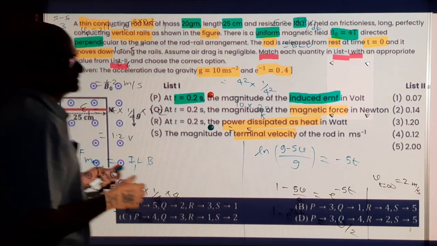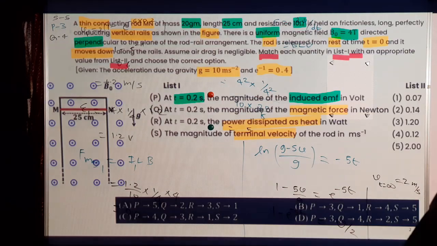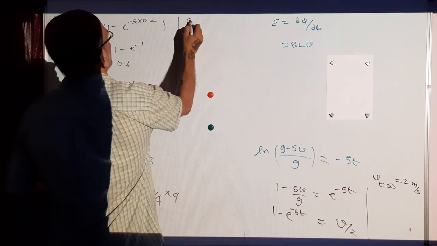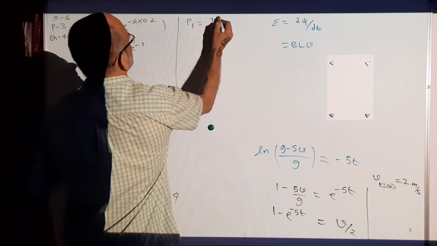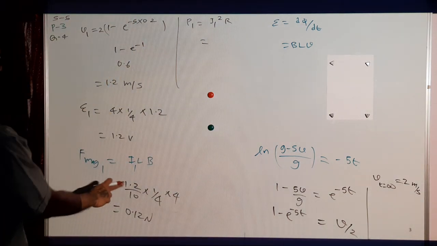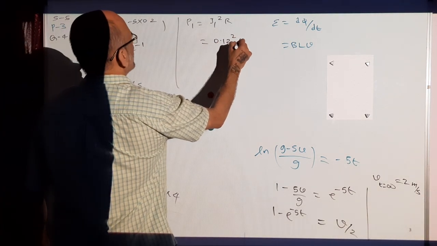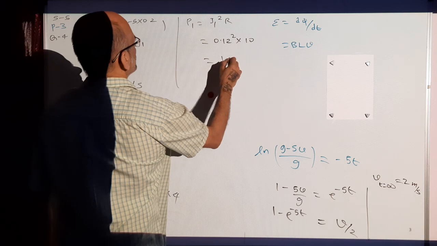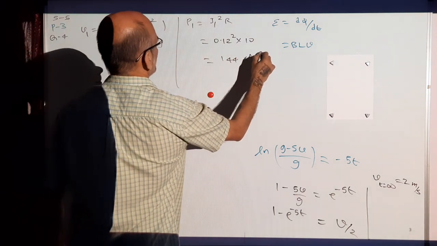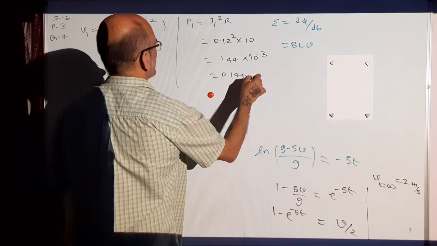Power dissipated as heat at 0.2 seconds. So it's I square R. I at time instant 1 into R. So I1 is 0.12, into R is 10. 12 square is 144 and then 10 raised to minus 4 from here. So it will become 10 raised to minus 3, which is 0.144 watts.